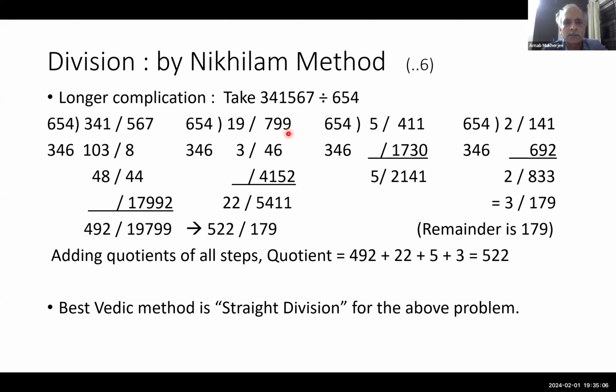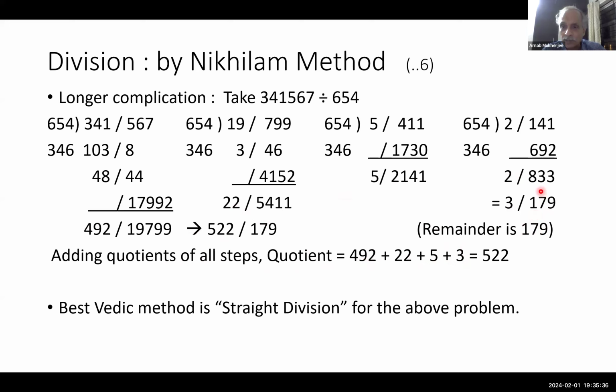Again do 19799, it becomes 22 and 5411. 5411 again you do to become 1730 and 5, and again you do 2 and 833, and again you have to subtract. So it becomes 3 and 179. In fact, 5 steps.